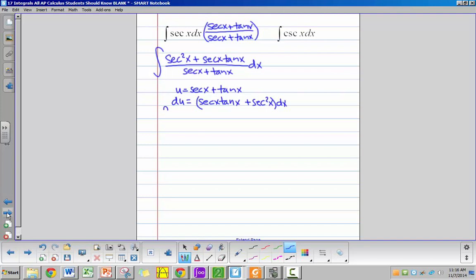So then we have the integral of 1 over u du, and we see that all the time in these trig functions, so we should know by now that's the natural log of the absolute value of secant x plus tan x, which is the denominator, plus c. So the integral of secant x is equal to the natural log of the absolute value of secant x plus tan x plus c.